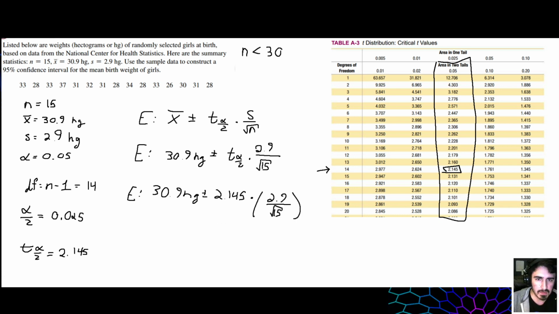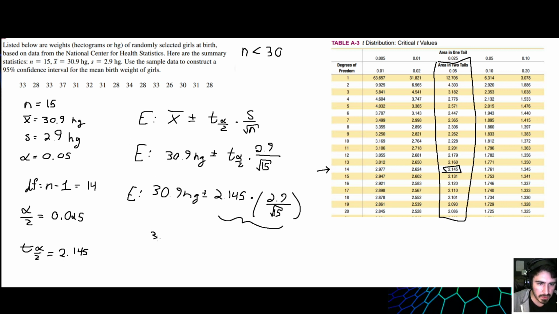Then if we just pull out our Desmos, we will find that this is going to be 2.145 times 2.9 divided by the square root of 15.